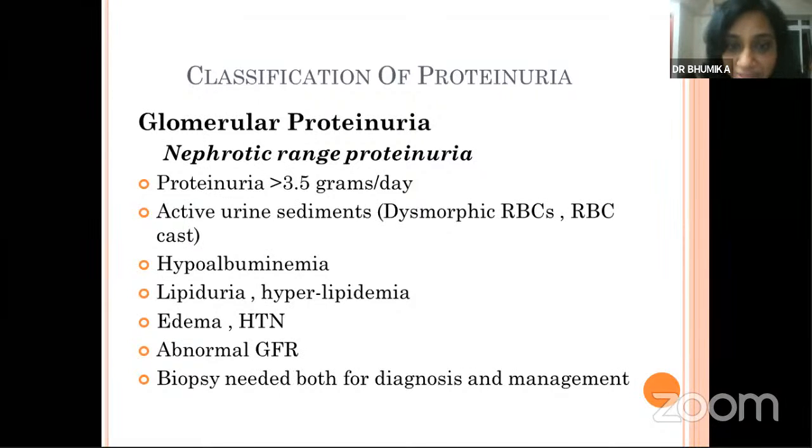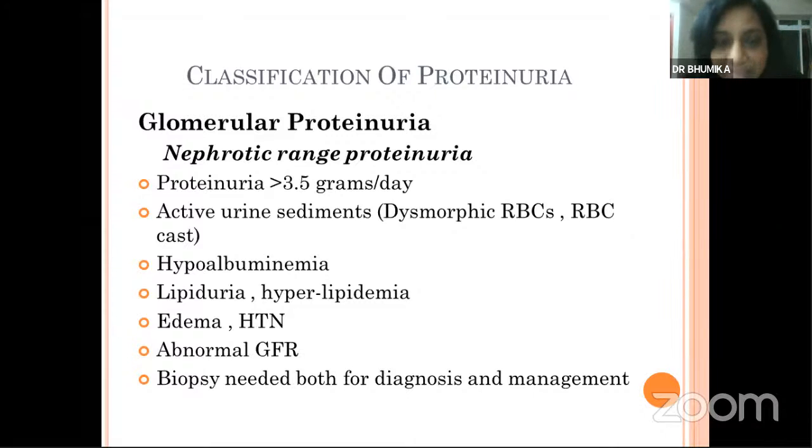There is an active urine sediment, dysmorphic RBCs or RBC cast. I would like to add here, for students, that when we define active urine sediment, when you see a urine sample in your microscope, in that single cross section that you are seeing, there has to be at least 1 RBC cast or 5 dysmorphic RBC or 50 RBC.